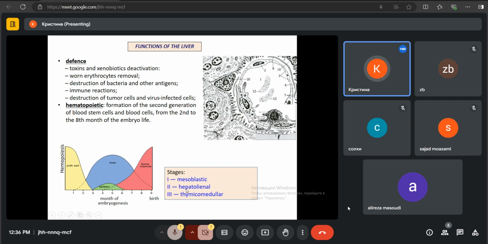So it is called hepatolienal period because it happens mainly in liver and to some extent in spleen. And in some pathological conditions, for example, in the case of failure of red bone marrow for some reasons, the hematopoiesis can happen again in liver, as it was previously during embryogenesis. So liver is capable of hematopoiesis.